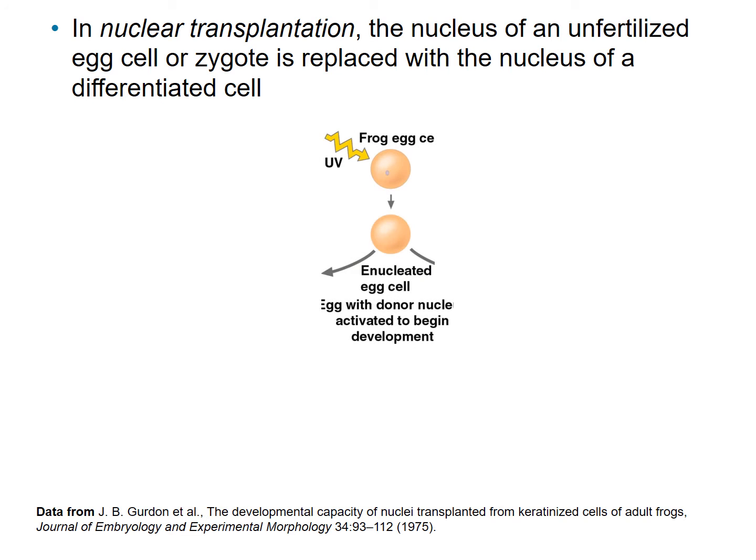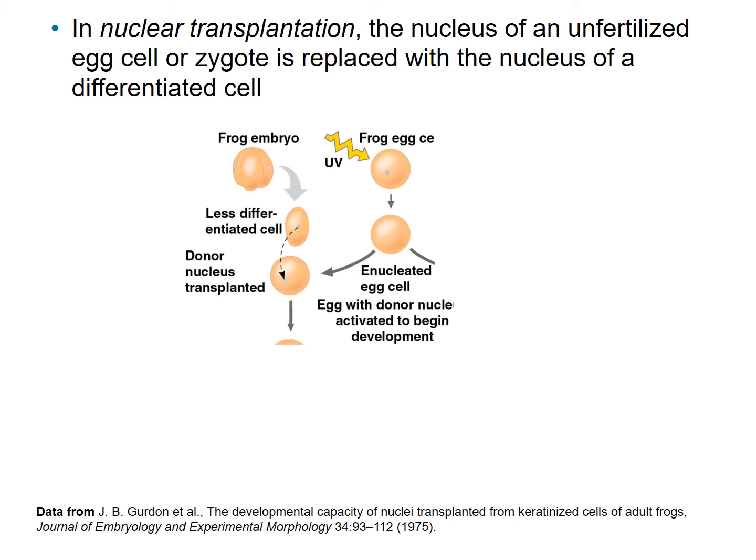If we start out with a frog egg, which has been enucleated, UV radiation is applied to the frog egg, which destroys the nucleus. And so now we have this cell without a nucleus. This is going to serve as the recipient cell, which receives a nucleus from a different type of cell.